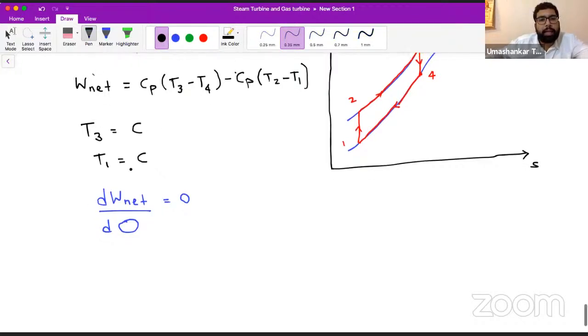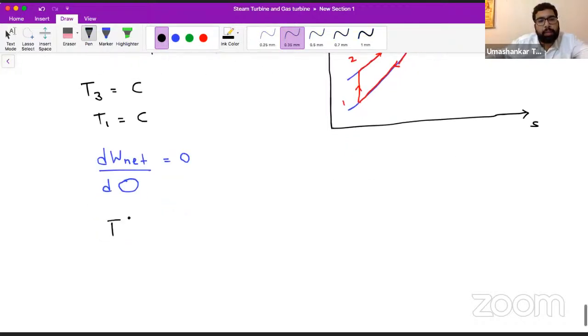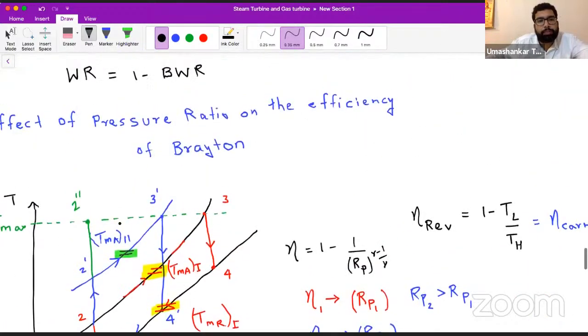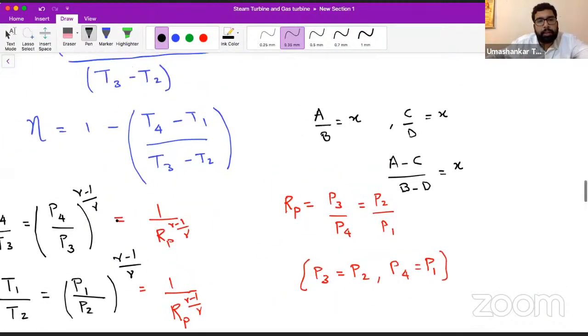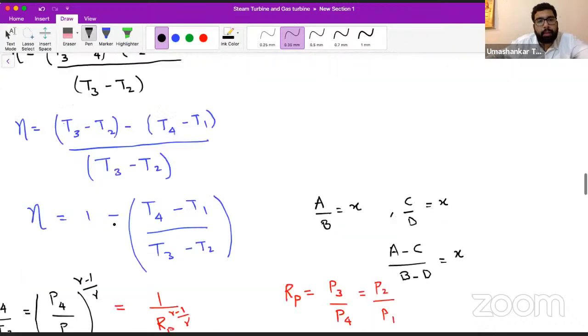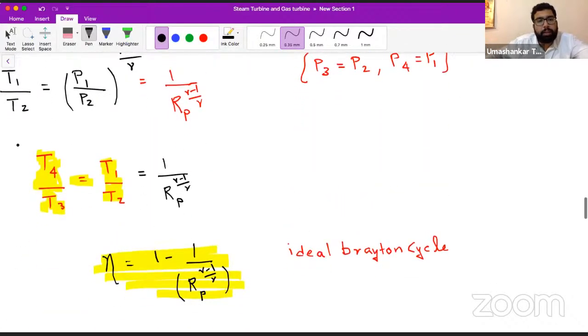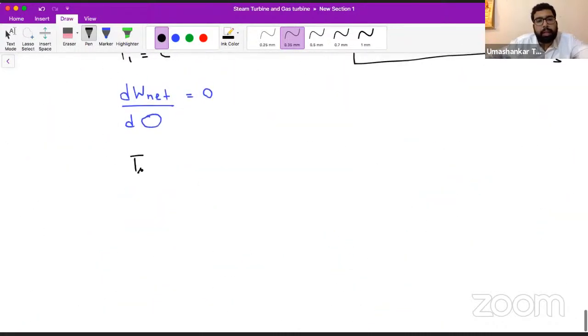For that, can I use this expression? See, I have marked it here. Can we use this expression and say, sir, T4 by T3 is equal to T1 by T2?